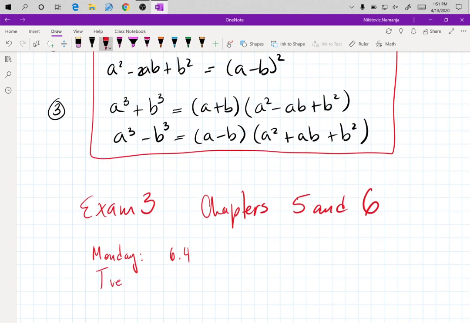On Tuesday, we're going to have multiplication versus factoring overview.